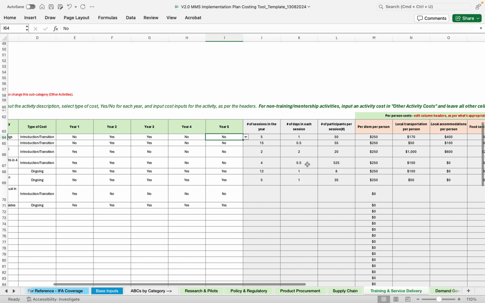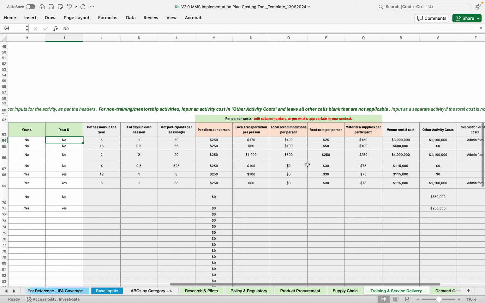We have more calculation aids here to help you understand what the cost of these training and mentorship and supervision activities would be. So the number of sessions in the year, the number of days in each session, the number of participants per session, and then in light orange here can be edited based on what's appropriate in your context for the per person costs. So for example, these could be per diems, local transportation, local accommodations, food cost, material supplies per participant.